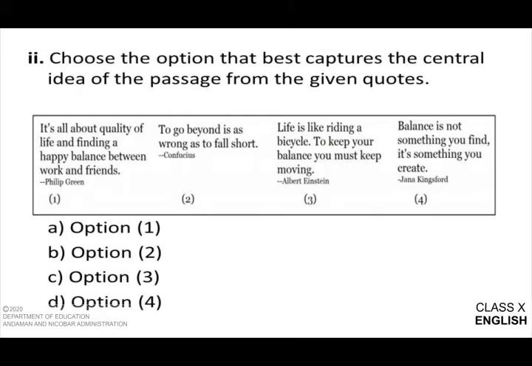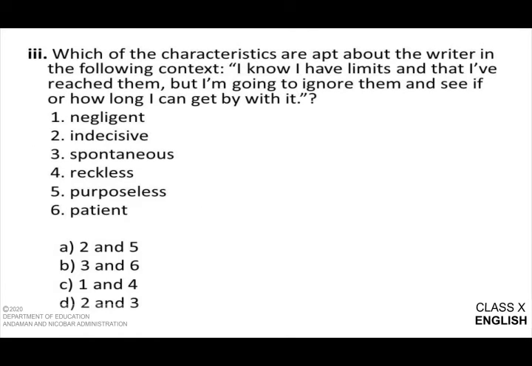Now, let us move to the third question. Which of the characteristics are apt about the writer in the following context? Now, we have to find out which of the options or qualities, adjectives that are given below talks about the nature of the writer.